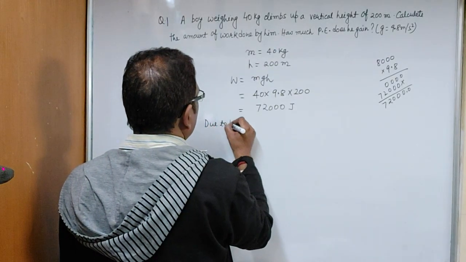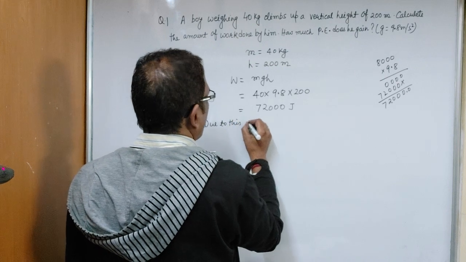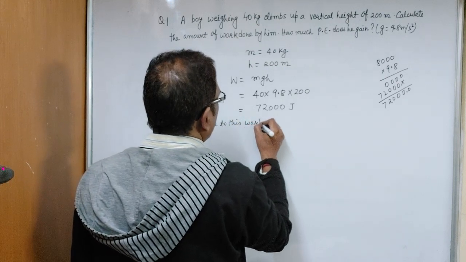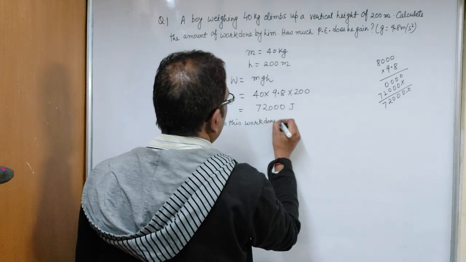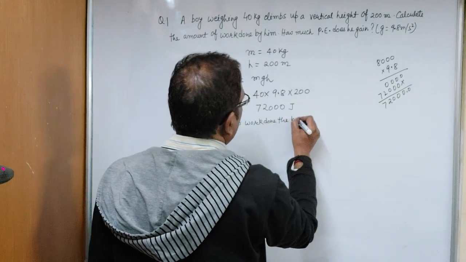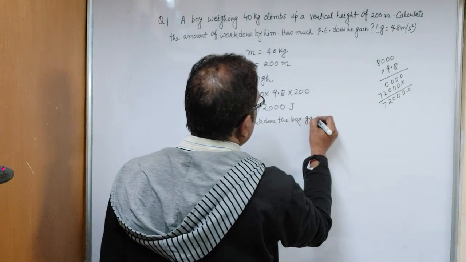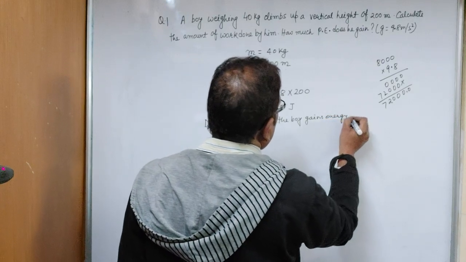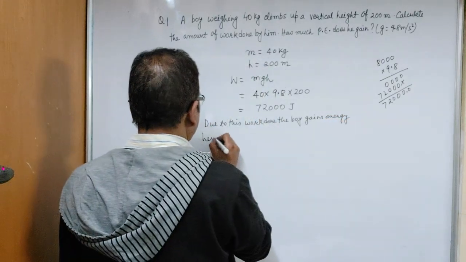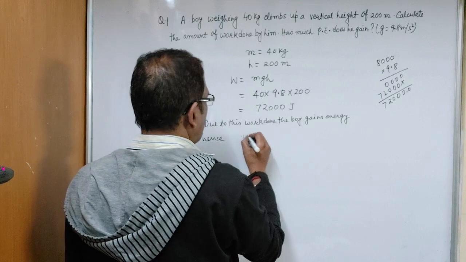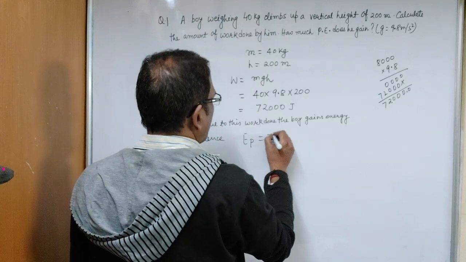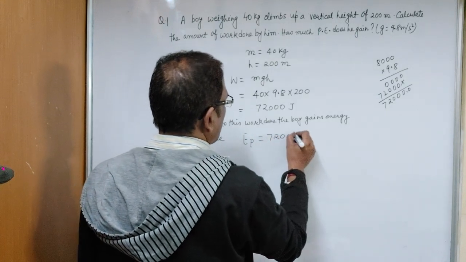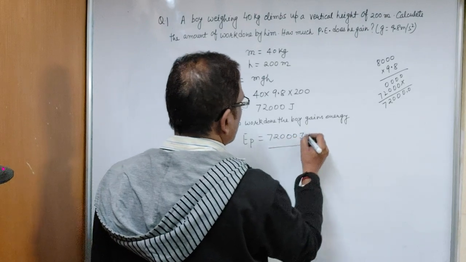Due to this work done, the boy gains energy, hence potential energy is also 72,000 joule.